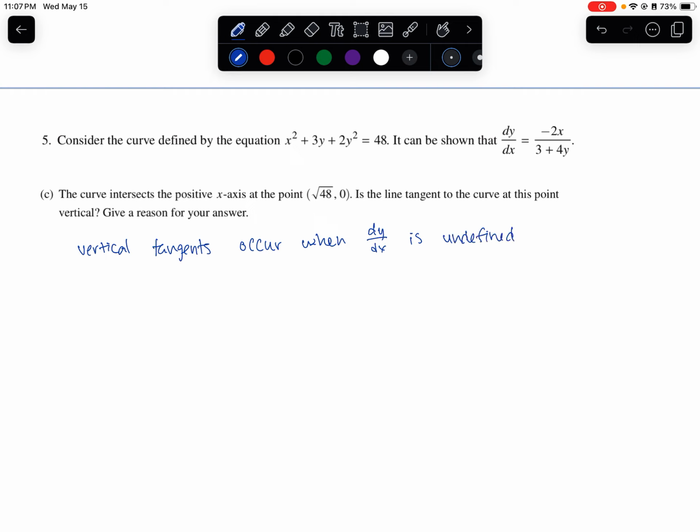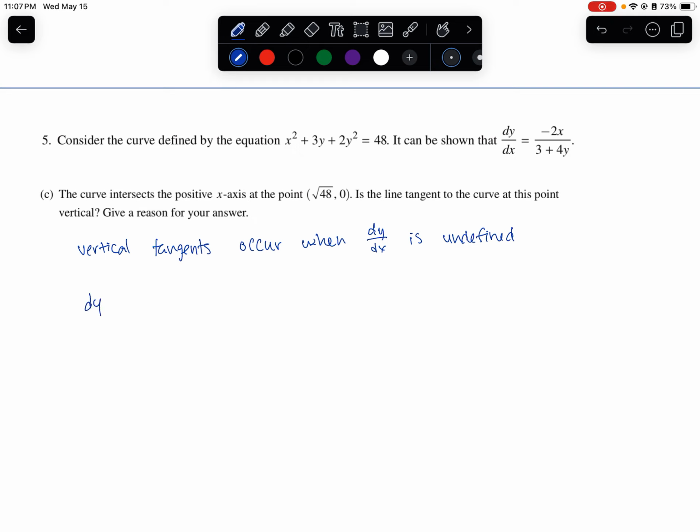So horizontal tangents would occur when dy dx is equal to 0, but vertical tangents occur when it's undefined. This expression would be undefined when the denominator is equal to 0, because we cannot divide by 0. We're given a point, so we can test this point.